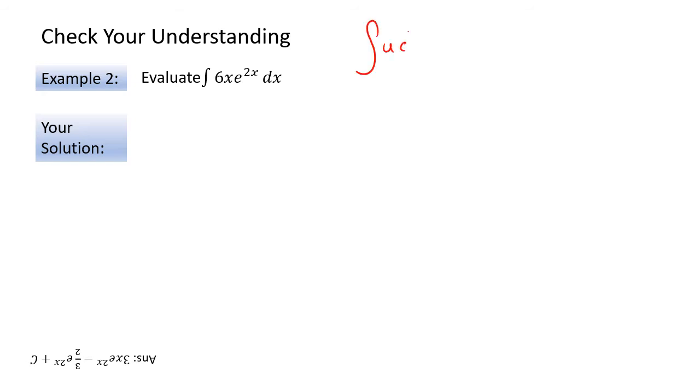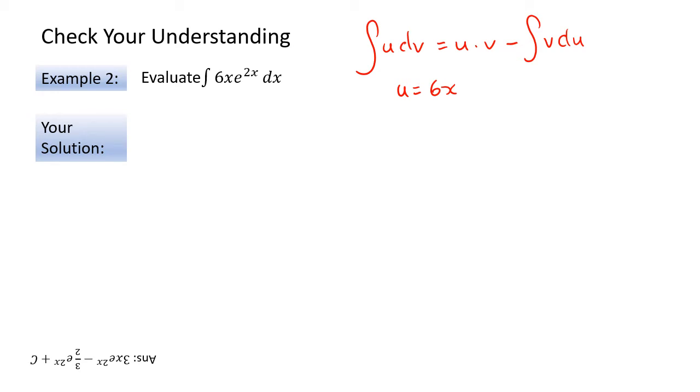The integral of u times dv is equal to the function u times the function v minus the integral of v times du. So we have to set one of these functions as u and one as dv. I'm going to pick u is equal to the 6x. I usually go from left to right. I can't say for sure that that is the best method.